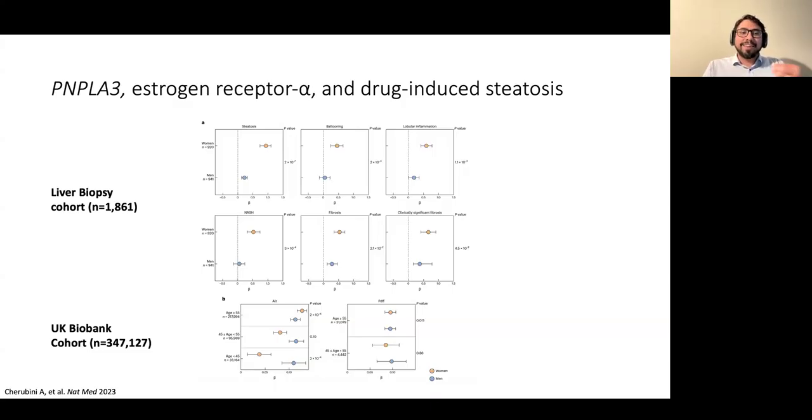So they think that PNPLA3 can interact with the estrogen receptor alpha.